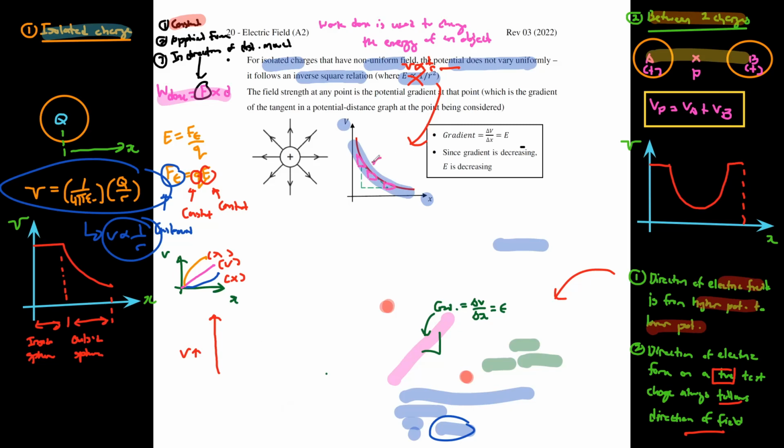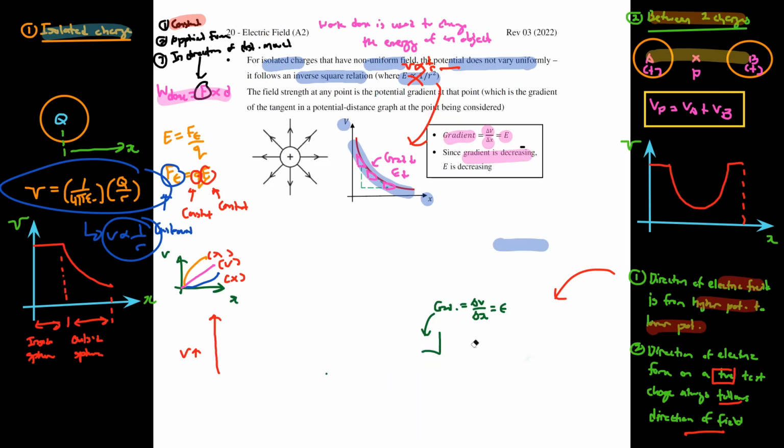You'll notice that your gradient here tends to decrease. And because gradient here is delta V over delta X, meaning to say it's your field strength, since your gradient is decreasing, this would mean that your field strength is actually decreasing. Okay, so this is how you can actually deduce from your graph of potential versus distance how your field strength changes.